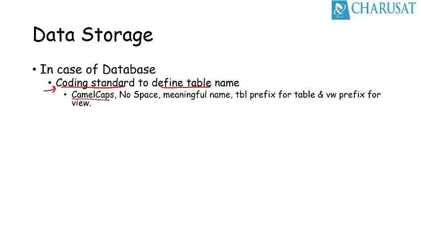So there is no space in the name of the table and the fields or columns of the table. It has to be a meaningful name. There should not be any short names. Use TBL as a prefix for tables, and use VW as a prefix for views, and so forth for any other items.